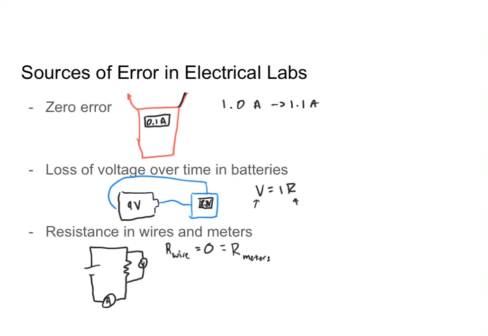However, one thing that is helpful is to use a potential divider circuit, because that lowers the total voltage over our component. It lowers the current through the circuit, and as a result, it is going to lower the loss of energy due to heat in the circuit, in the wires, and in all the components of the circuit, which is a really helpful way to reduce our error due to wires and due to meters.